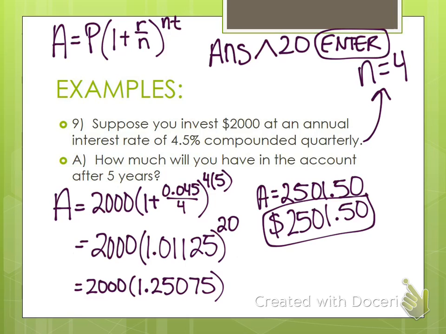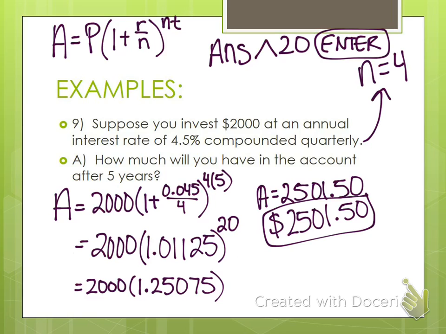Do we have questions about part A before we do part B? Yes, ma'am. How did I get 4 for n? So it said it was compounded quarterly. Quarterly would be 4 times a year. It's okay. We'll see some of those other words and we might have to talk about it, like biannually would mean how many times?